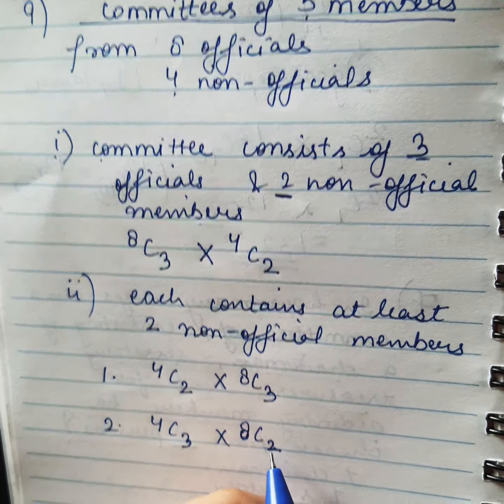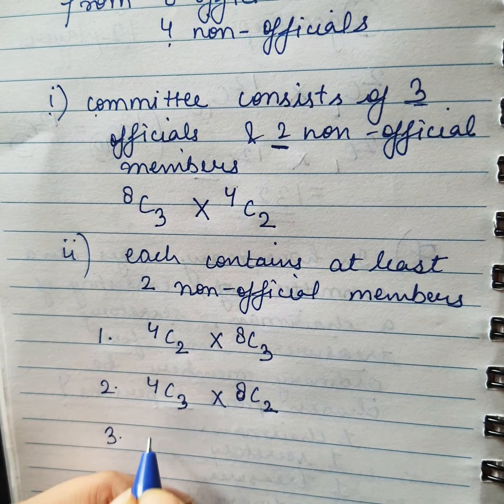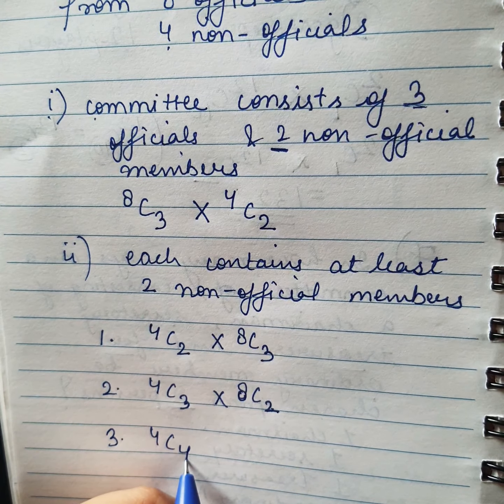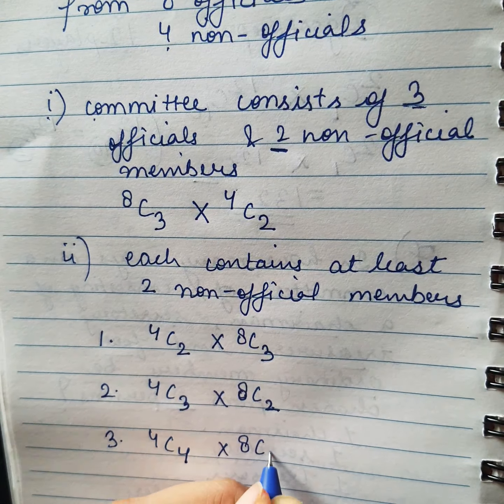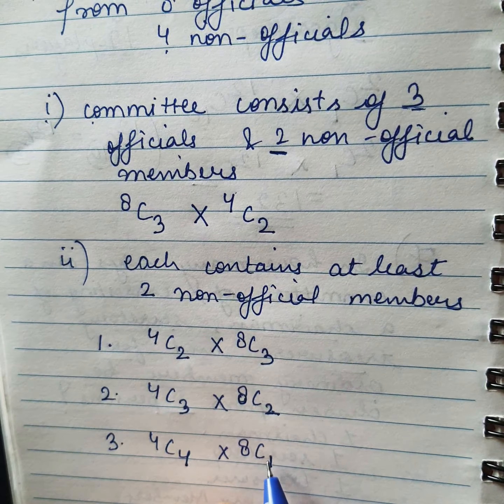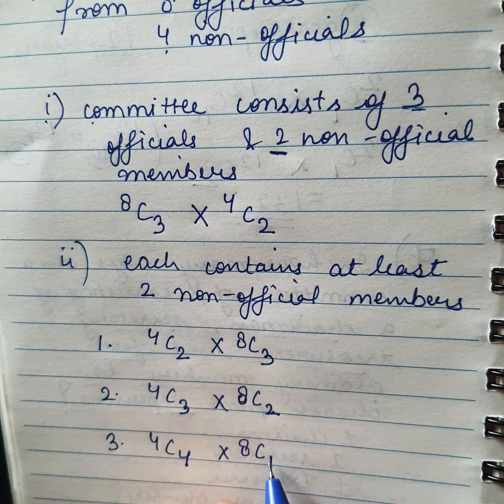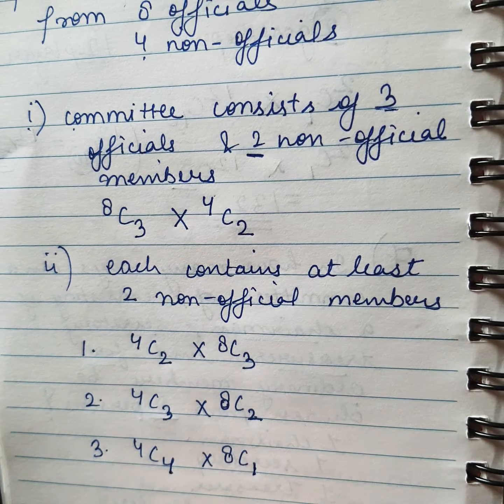So 3 plus 2 will be 5. Next case, all 4 I am selecting from non-officials, and to complete 5 members, 1 I am selecting from officials. I cannot go further because I have a total of 4 non-officials only. So only 3 cases are possible.